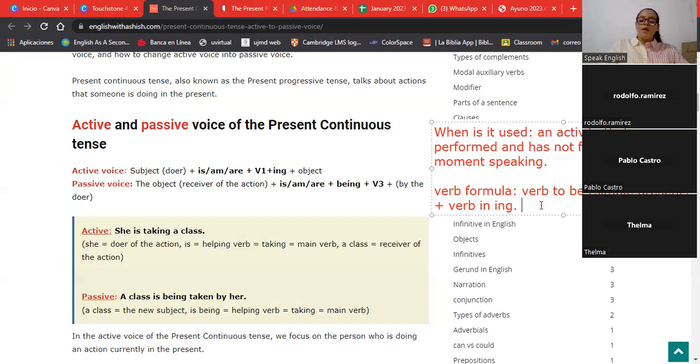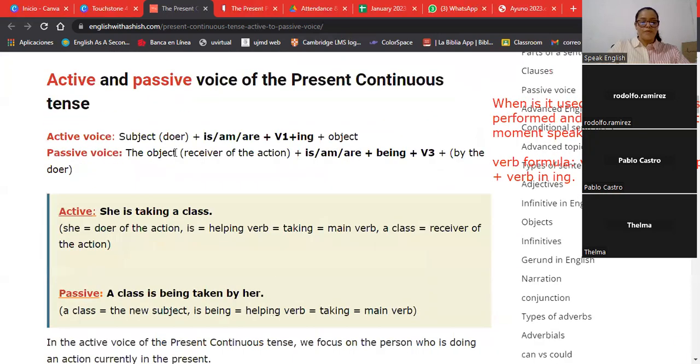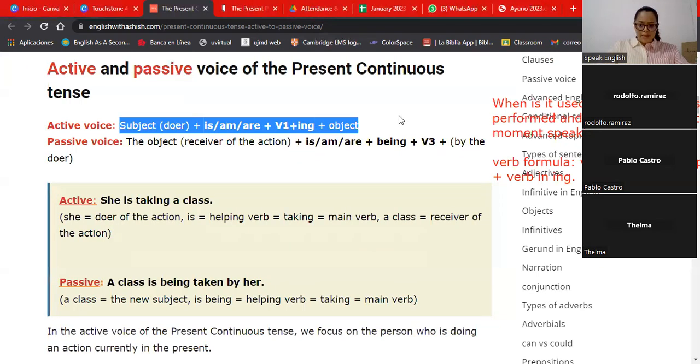Now, this information is going to be useful to understand a little bit more the passive voice and the active voice. Let me set this aside and I'm going to zoom in over here. Okay, I think we know the structure of an active voice sentence.